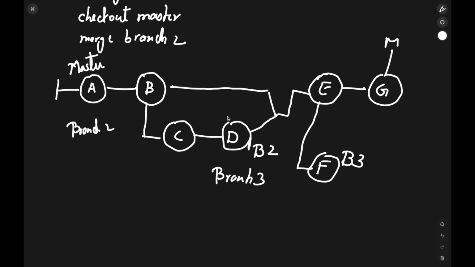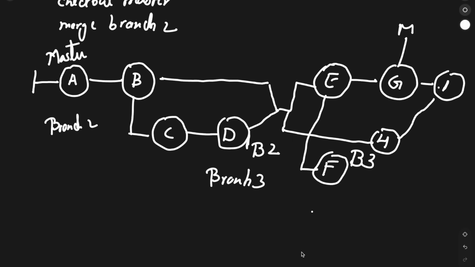So let's visualize it better. What we did earlier was a fast forward merge, and now we made a commit, let's call it H, and now we merged it to the main branch and let's call the merge I. The merge that we made earlier was a fast forward merge.